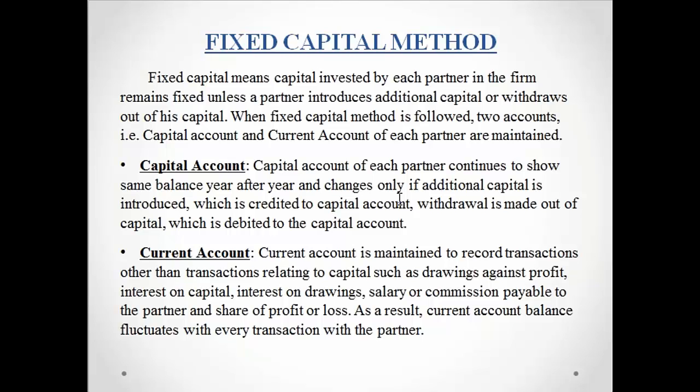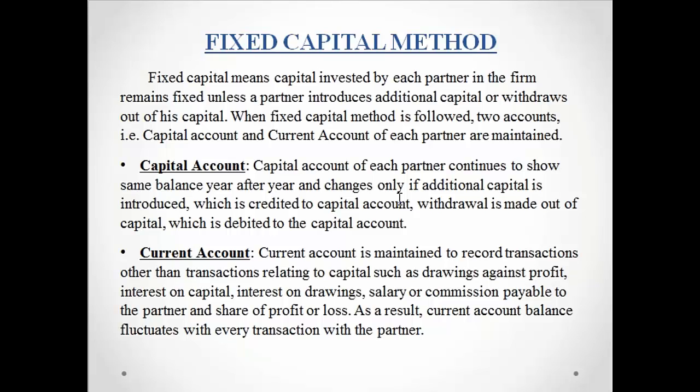So, there are two methods. One is called fluctuating capital method. That method is already finished. The second one is called fixed capital method. When we follow the fixed capital method, you have to prepare two accounts: partner's capital account and partner's current account. Why do we prepare a partner's capital account?